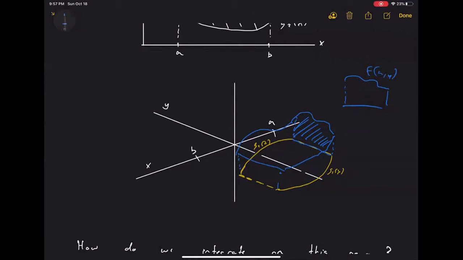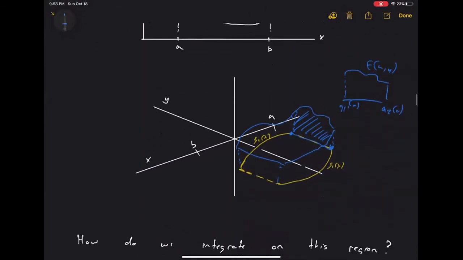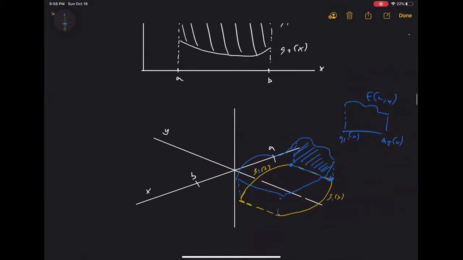And then my y value is varying, and it varies from this point to this point, so it goes from g1 of a to g2 of a. And actually, I wrote these backwards. This is g2 and g1.